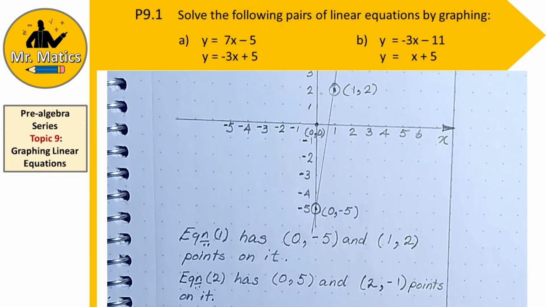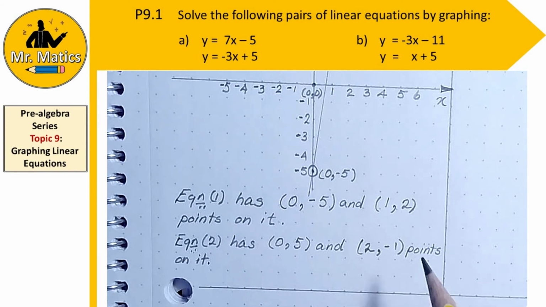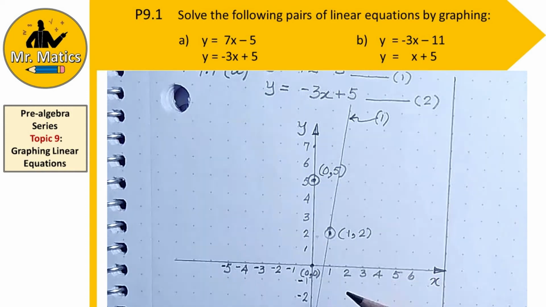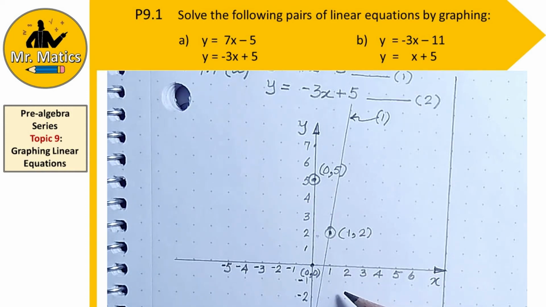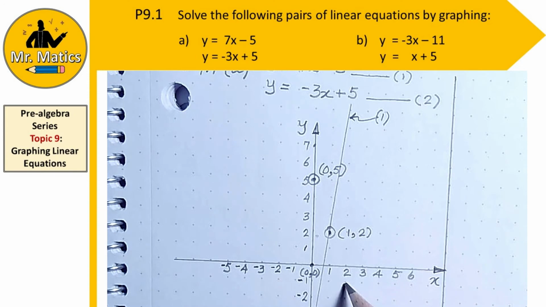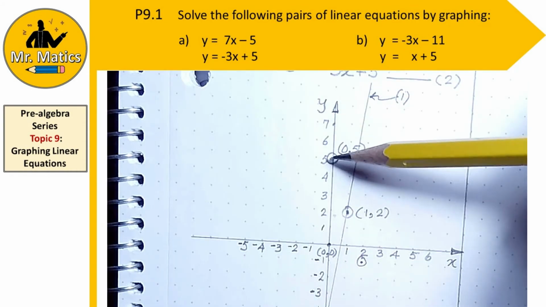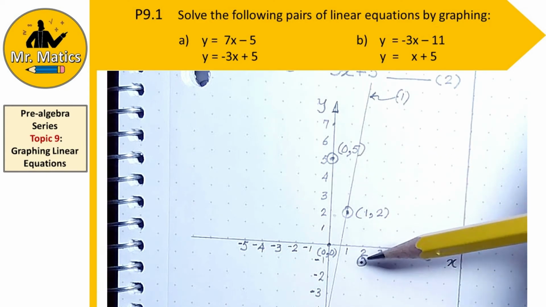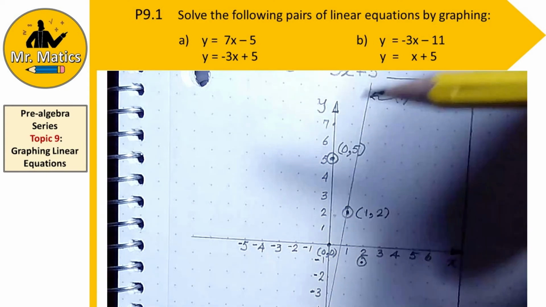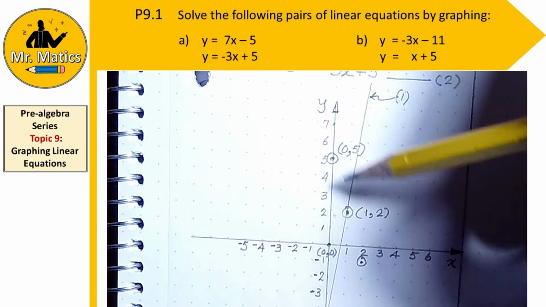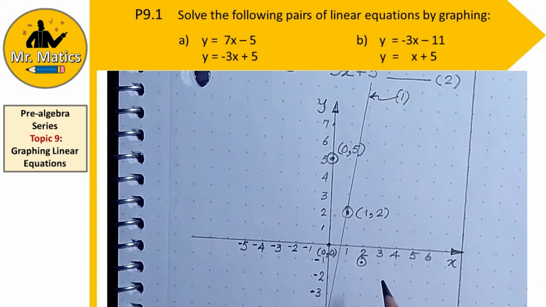Okay, what is the other one for equation 2? 2, -1. So let's find 2, -1. 2 is here and -1 is down here. So 2, -1 will be this point. We have to draw a line through this point and this point, not through this point necessarily. Make sure that you remember which points you have chosen: 0, 5 and 2, -1.